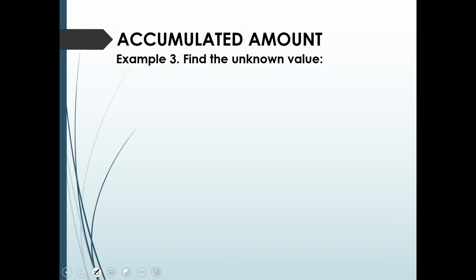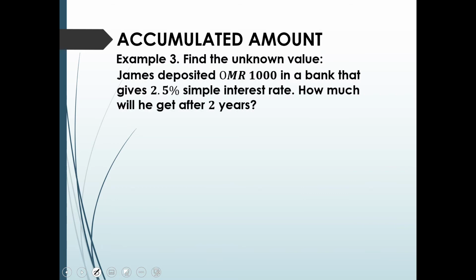Okay, so let's continue. Find the unknown value. James deposited, so this is the money in the beginning, the principal, that gives 2.5% simple interest rate. How much will he get after 2 years? So the unknown is A. Let's identify the given. Principal is 1,000. This is the rate.